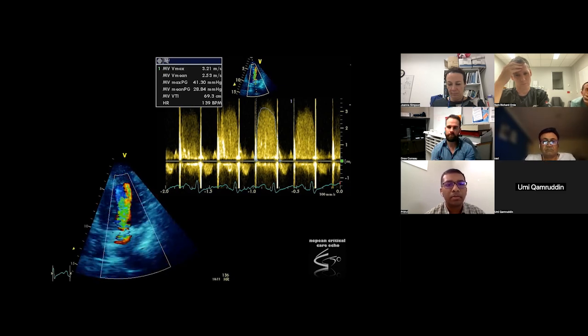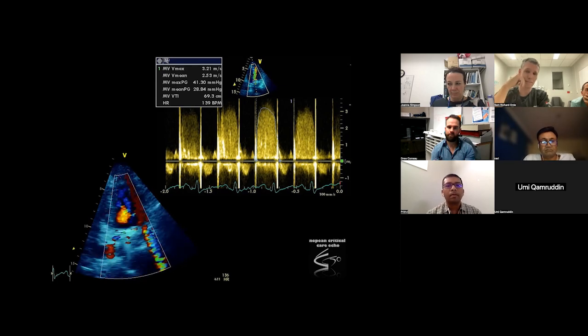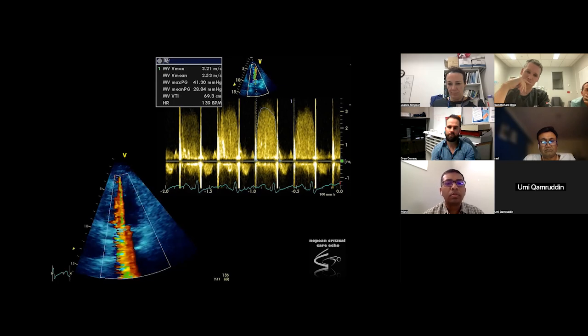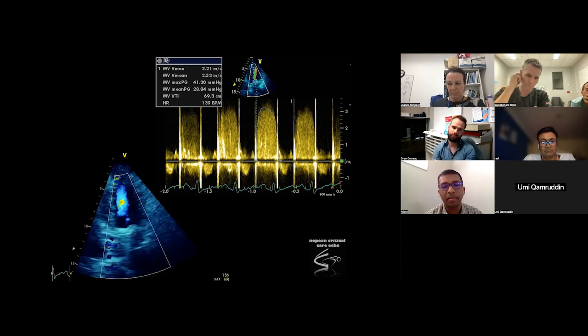What other views would you like to do to confirm the severity? I would probably try and look at the parasternal short axis to see if I can see the valve clearly and look at the calcification or the anatomy a bit more.